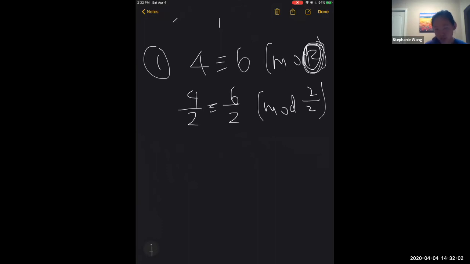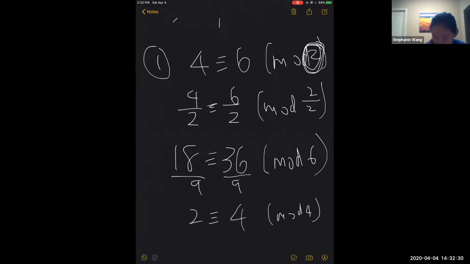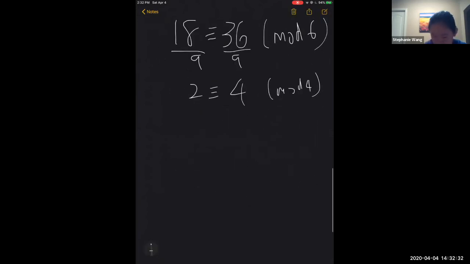So for example, if we have 18 is congruent to 36 mod, I don't know, 6 or something. Even though both of these are divisible by 9, we can't just do 2 is congruent to 4 mod 6, because that's obviously not true. But instead, we can divide both sides by 3, and also the mod by 3.